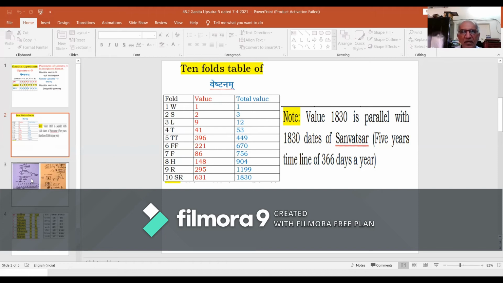It is this reach of Ganita Upsutra 5 to the Jyotir Vedang which helps us appreciate the potentialities of the mathematical domains of Ganita and Upsutra a step ahead.